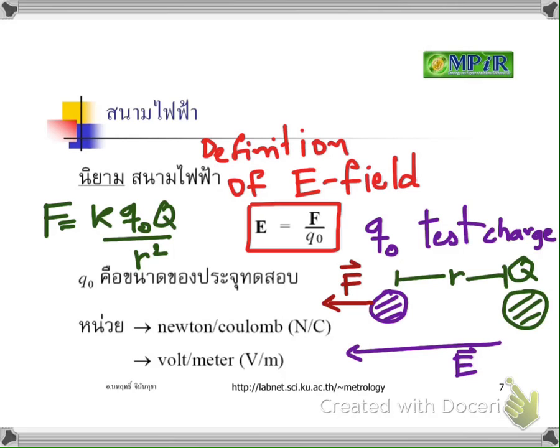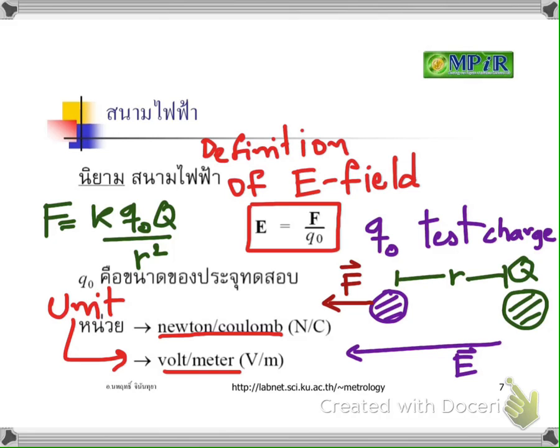And the unit of the electric field is the unit of the force divided by the unit of the charge, right? So the unit of the electric field is the Newton per Coulomb. And later you will see that we can write down the unit of the electric field also as the volt per meter.